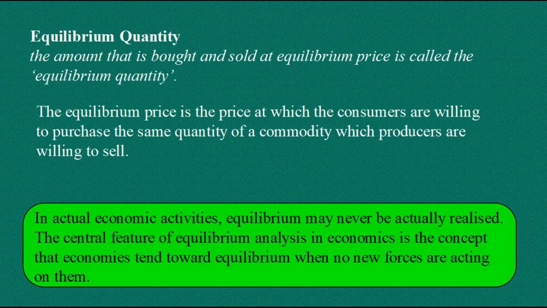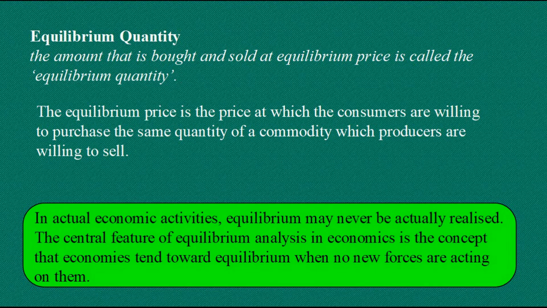The equilibrium price is the price at which consumers are willing to purchase the same quantity of a commodity which producers are willing to sell. Then at market equilibrium, we have equilibrium price and equilibrium quantity.